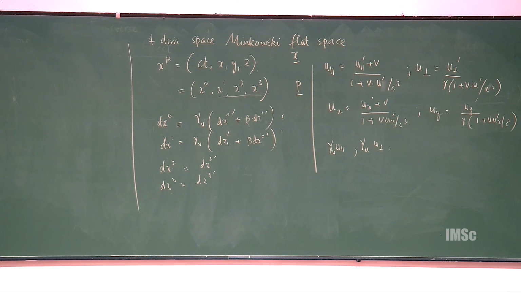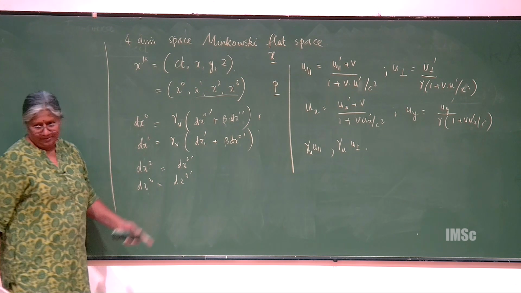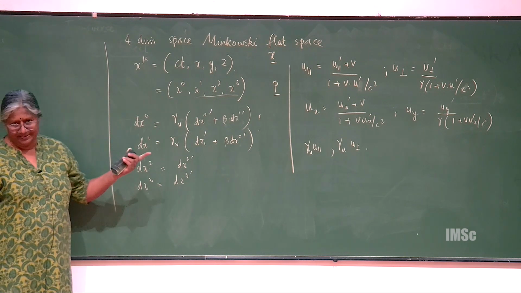So what is it I want to prove? That ux, uy, uz and dx naught by d tau will just give me c, right?